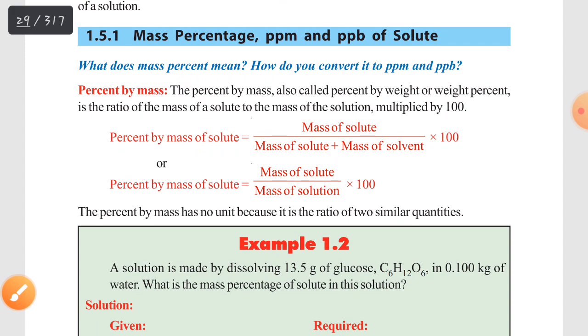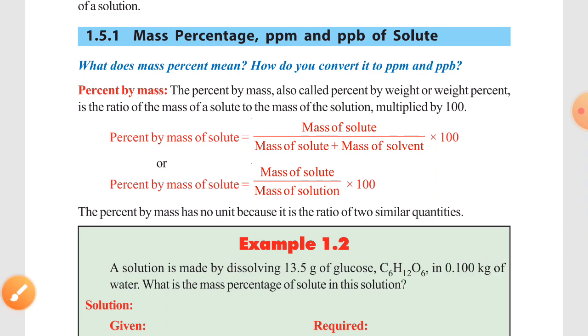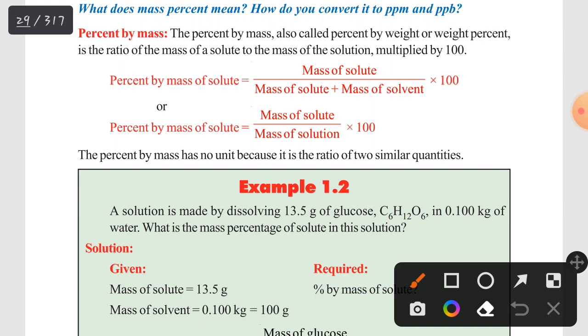Okay, the first one is mass percentage, parts per million and parts per billion. What does mass percent mean? How do you convert it to parts per million and parts per billion? The percent by mass is also called percent by weight or weight percent.